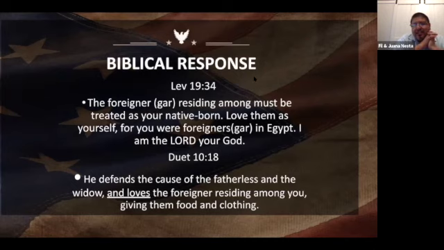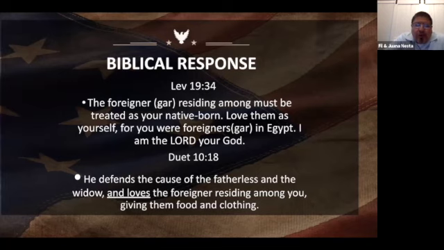So Leviticus 19:34, the foreigner. I'm going to make note of some Hebrew words because the Bible talks about the foreigner, the sojourner, the stranger, and according to different biblical versions, those terms get misinterpreted. So we're actually going to focus on the actual Hebrew words.